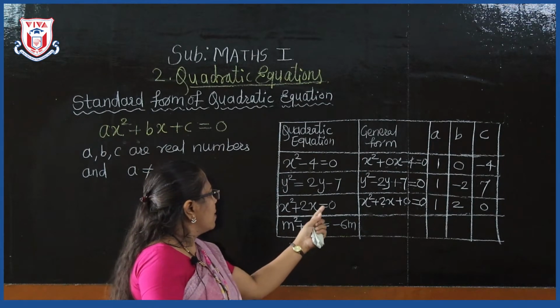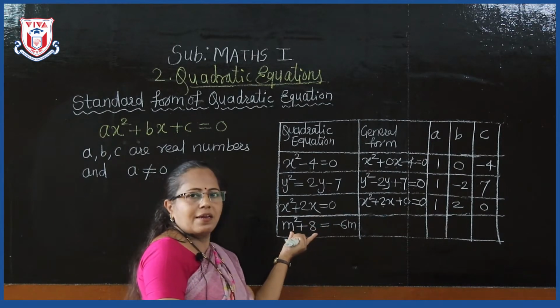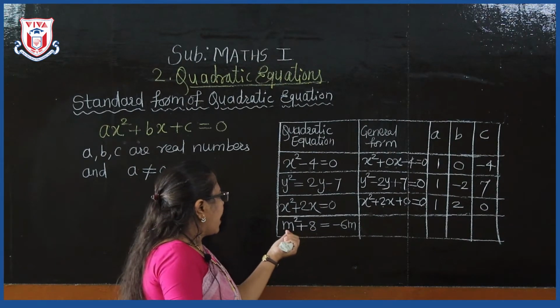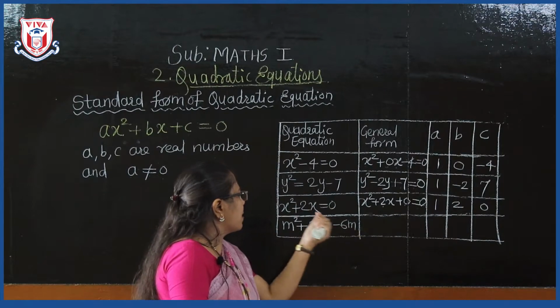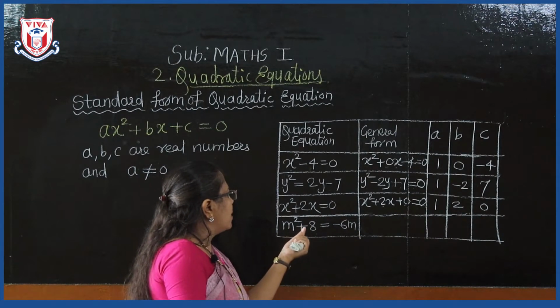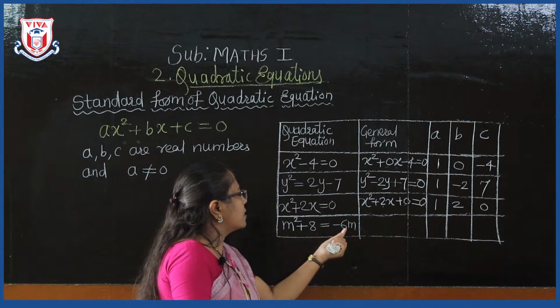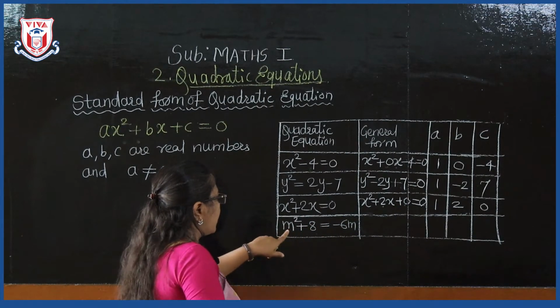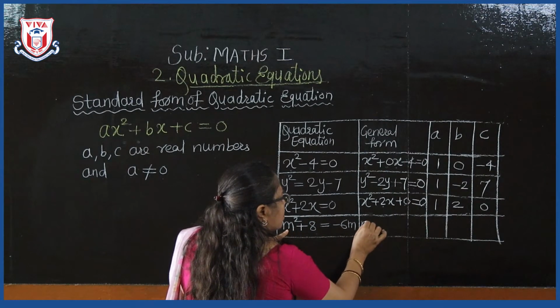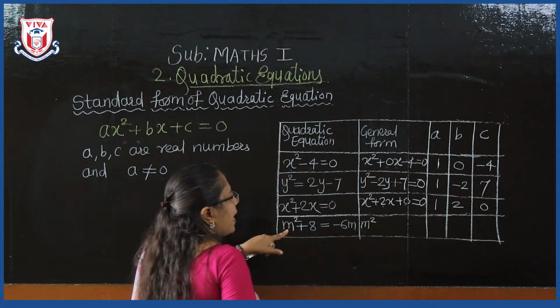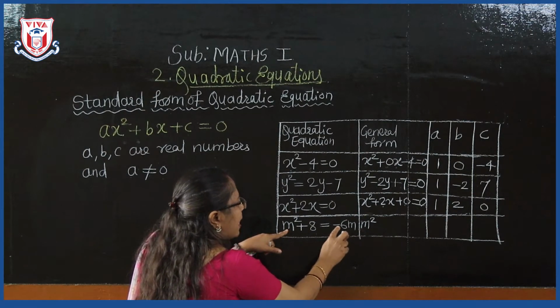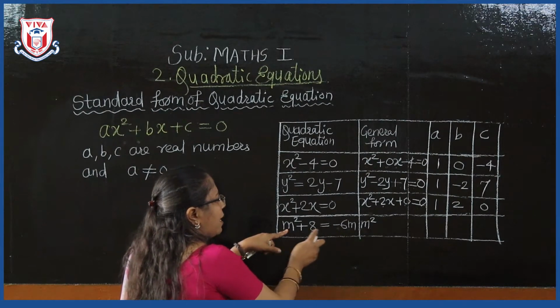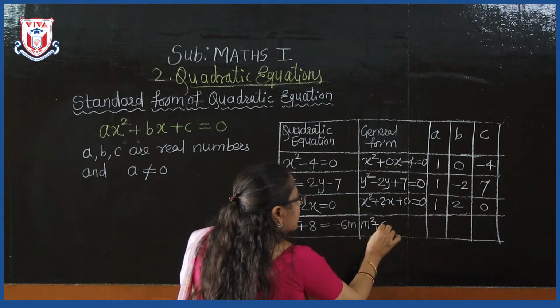Followed? Okay. Now last equation. m square plus 8 is equal to minus 6m. First term is m square. Next term should be 6m. Take minus 6m from right to left. It will become plus 6m.